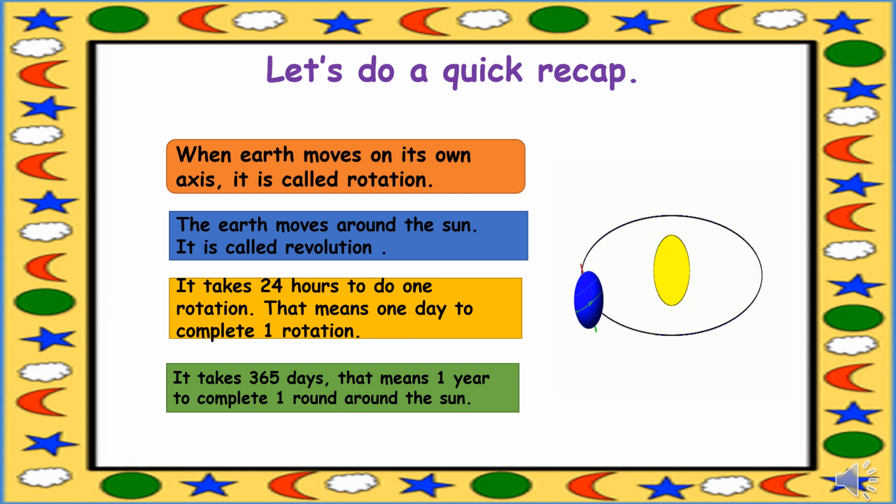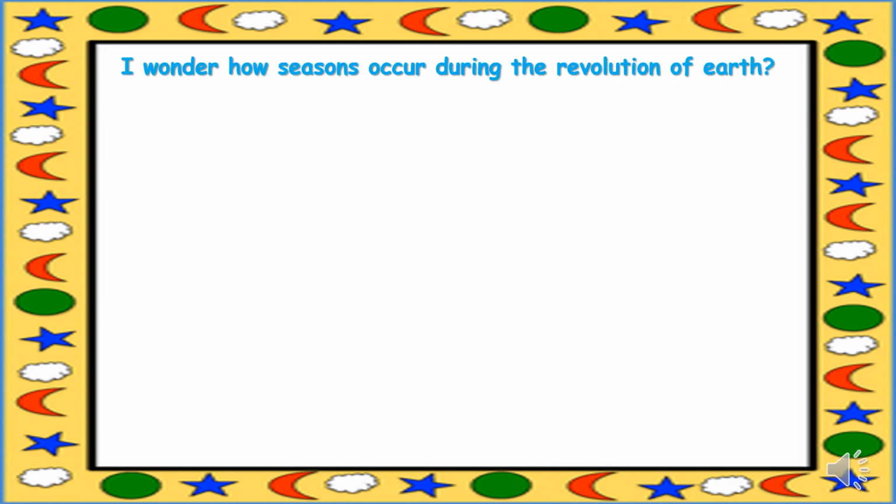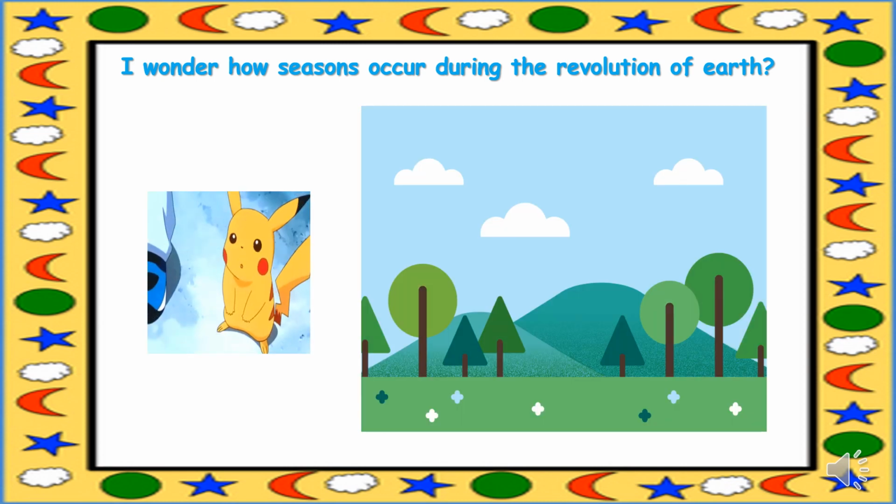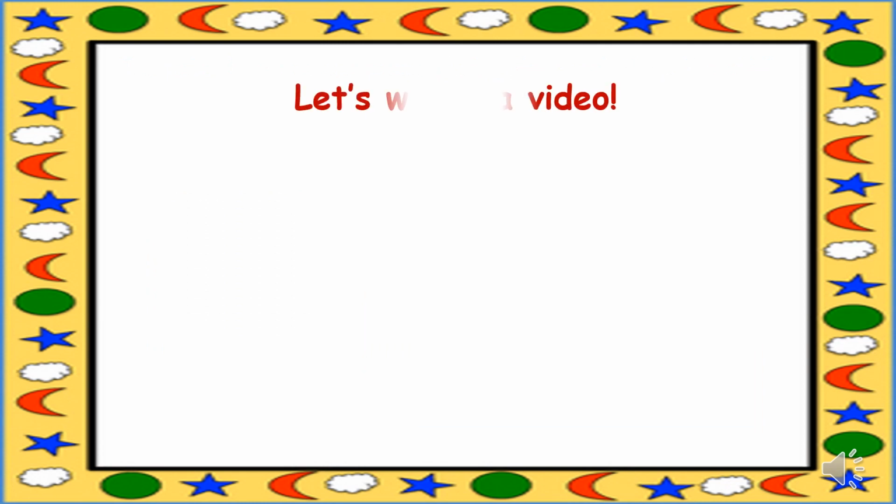It takes 365 days, that is 1 year, to complete one round around the sun. Children, I wonder how seasons occur during the revolution of the earth. Let's watch a video.